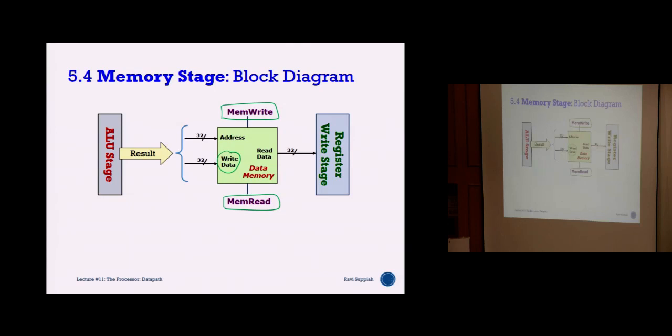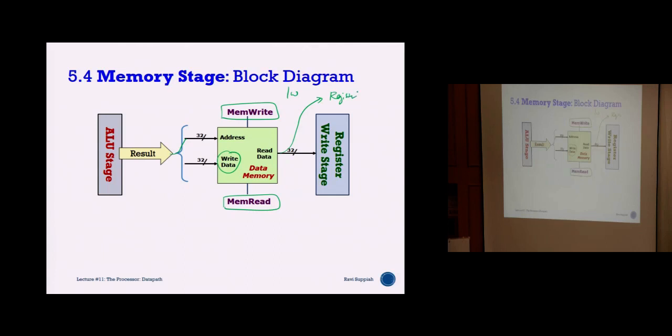When I complete the ALU stage, I get a result. And what is this result giving me? You have to remember, for a memory type instruction, the result is always giving you the address only, correct? Why? Because if it is a load word, I will take the data and put it into my register.